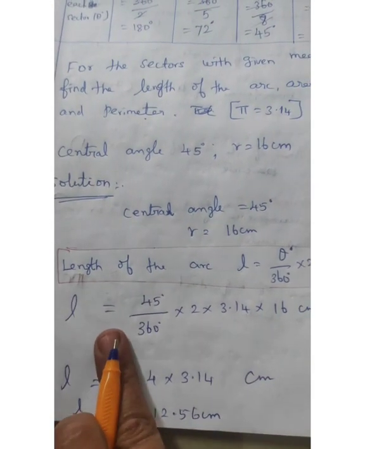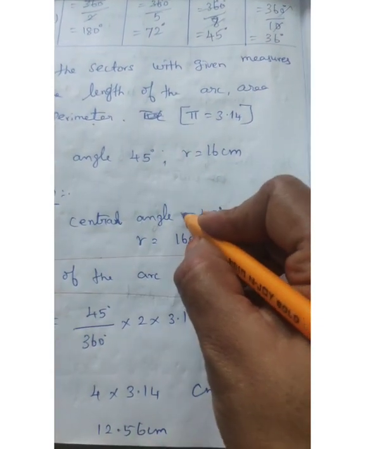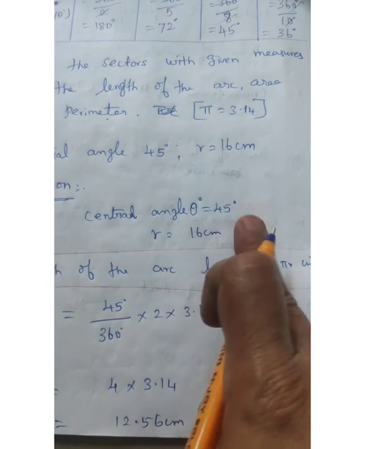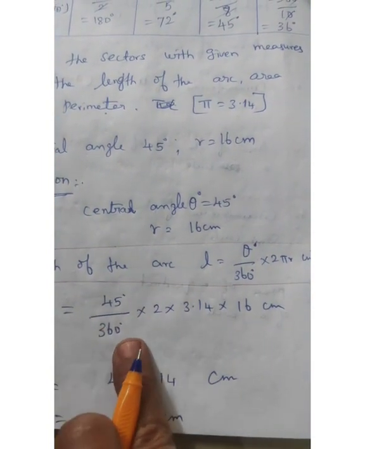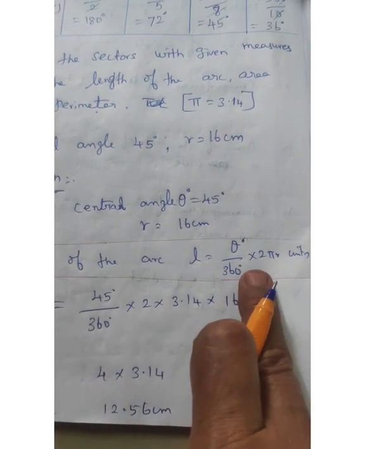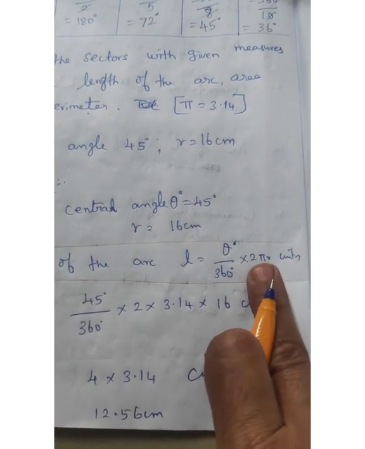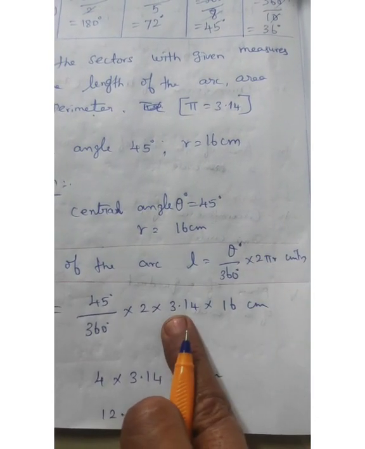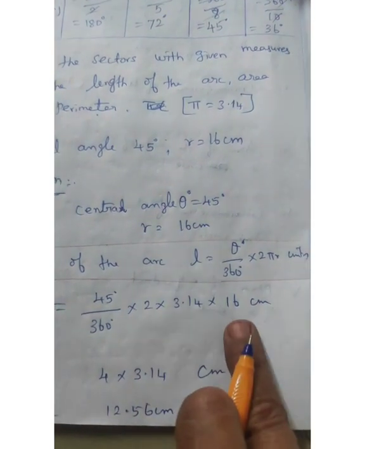Now theta, the central angle, is 45 degree. Substitute 45 by 360 degree into 2 into pi, where pi value equals 3.14, into r.